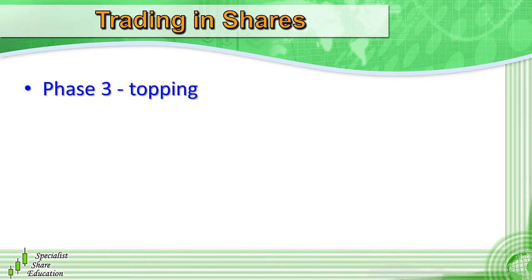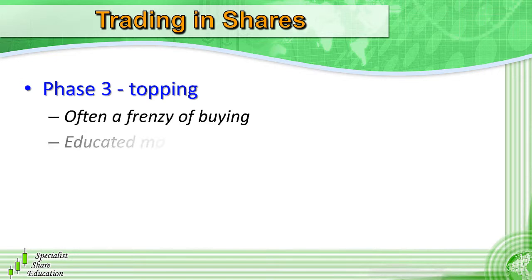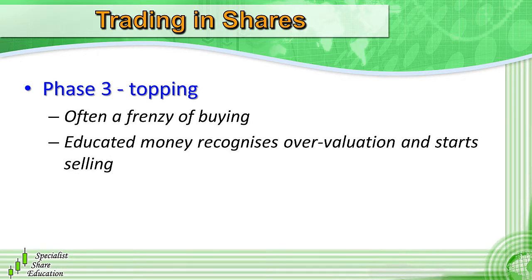Now the bull market then proceeds for quite a period of time generally, and as always it gets overvalued because the human psyche is that we all tend to want to get in at the end, and we push the price up and it becomes overvalued. So then we move into phase 3, which is the topping phase, and there's often an absolute buying frenzy going on up here, and people can't buy enough of the stock and they're just falling over themselves to pay any old price.